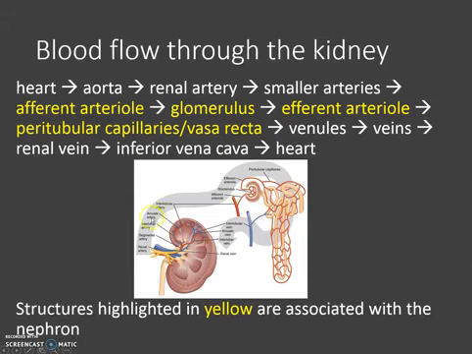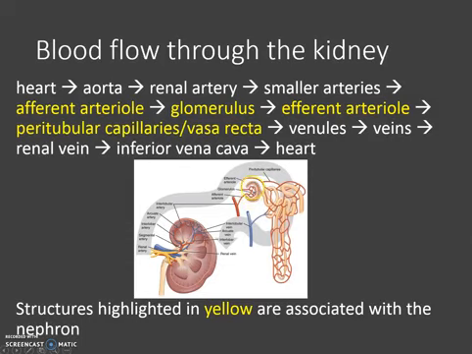But you can see that these smaller arteries deliver blood into the afferent arteriole. And then that blood goes into a capillary bed called the glomerulus. And the glomerulus is where material gets filtered. So material gets pushed from the blood in the glomerulus into this tube-like structure called the nephron. And we'll talk a little bit more about what happens in that process a little further down the line.